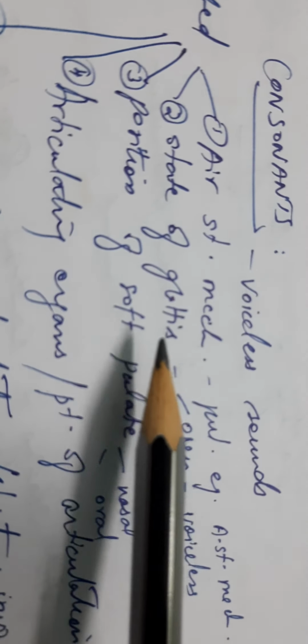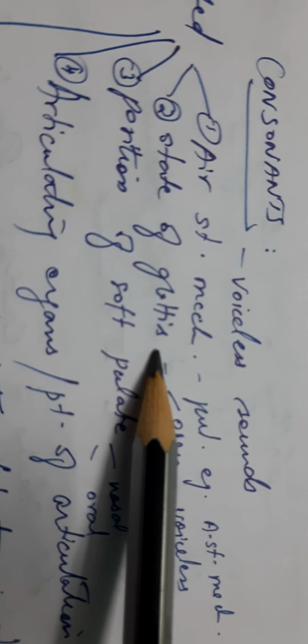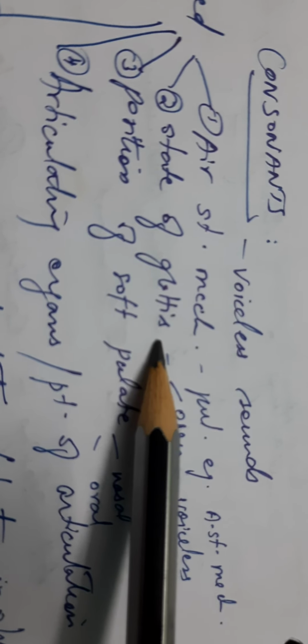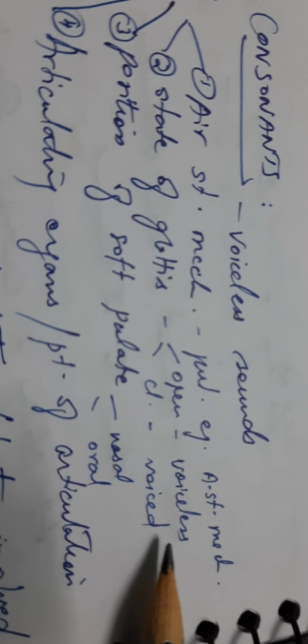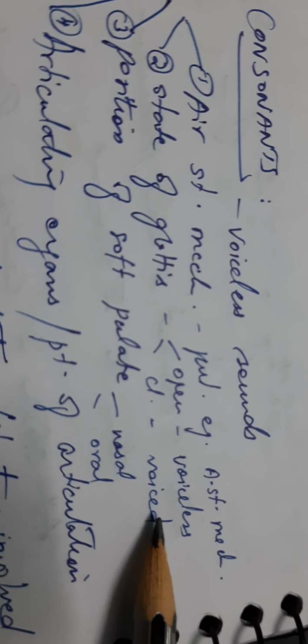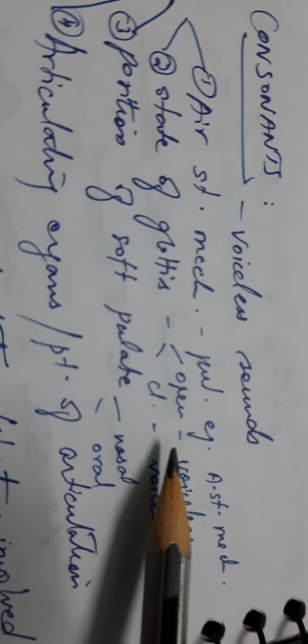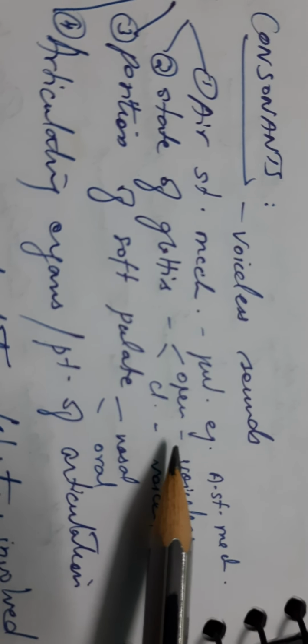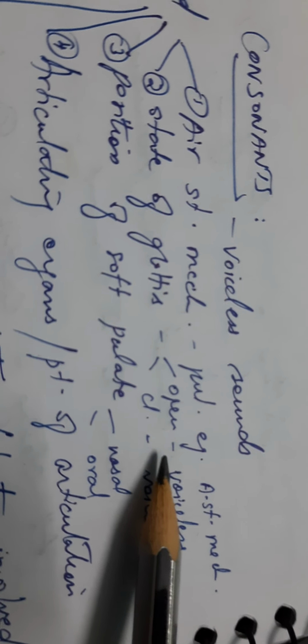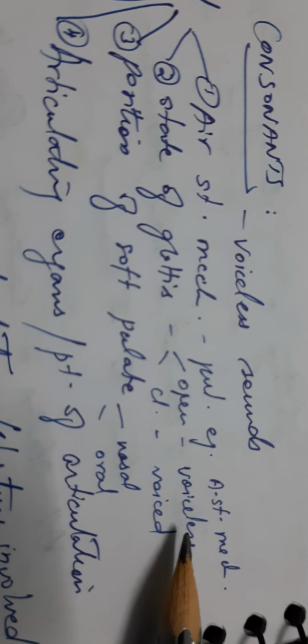The second one is the state of glottis. This again I have already explained to you. Depending on the state of glottis, we get two types of sounds, voiceless and voiced. When the glottis is open, the air escapes freely, and you get a voiceless sound.